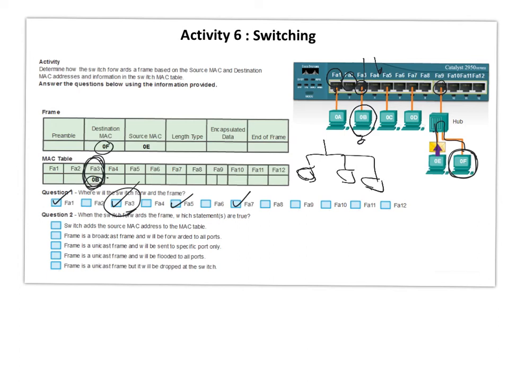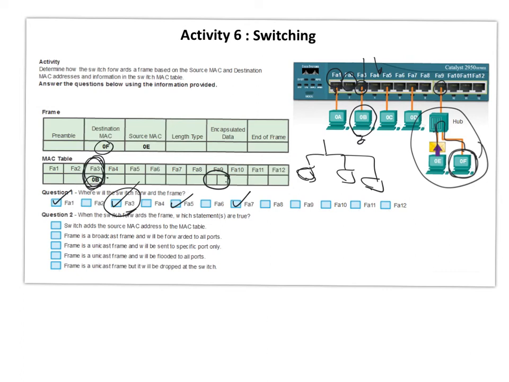Remember, each port can have more than one node connected to it. And we have the perfect example. Node 9 has 2 nodes connected to it, and it could be 3, could be 4. So in some places in the MAC table, I could actually have more than one node connected.